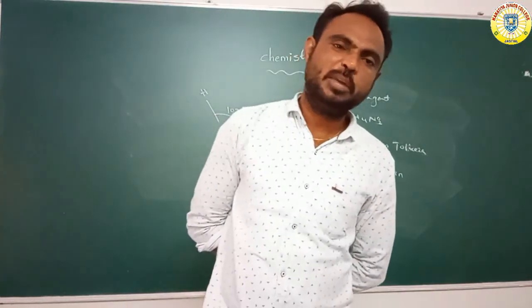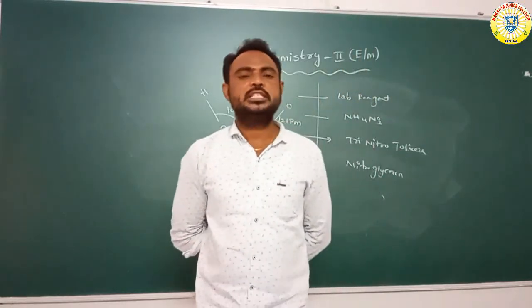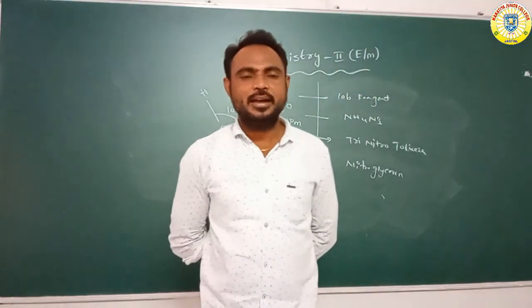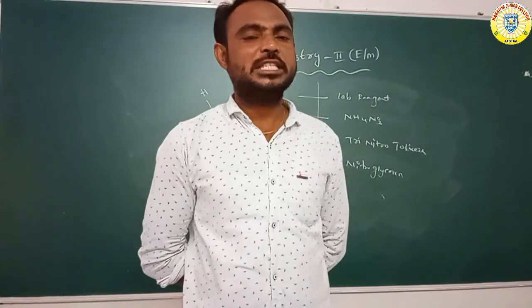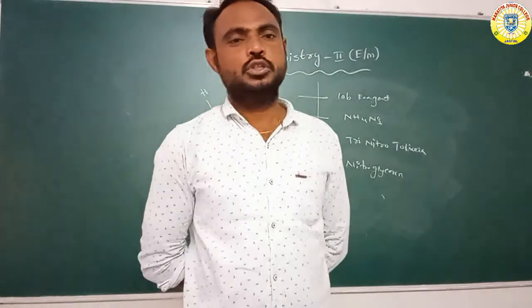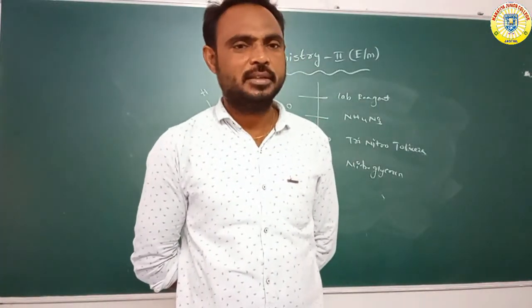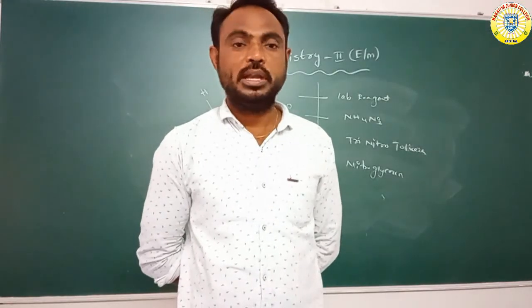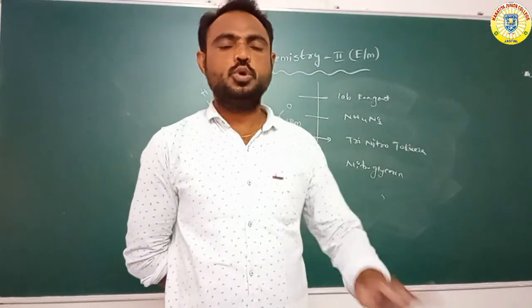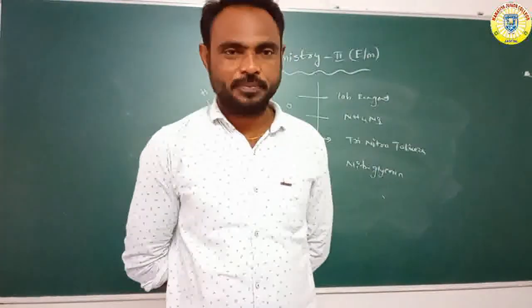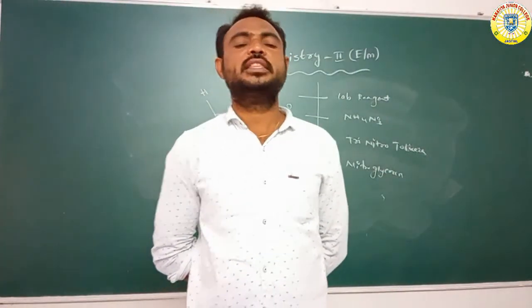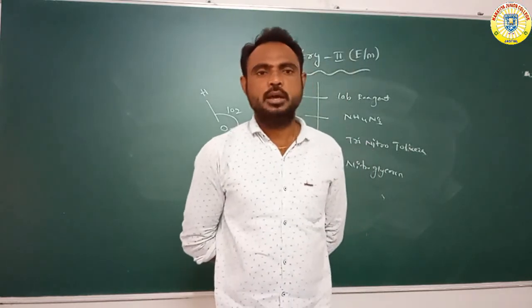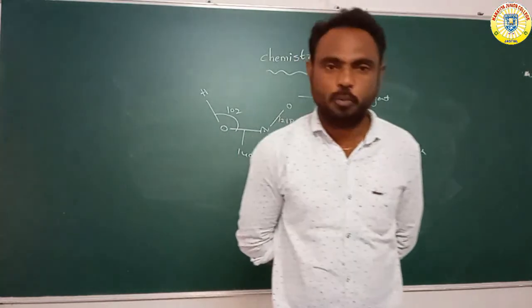It is also very important. Another one: write the neutral oxides of nitrogen. Which oxides are neutral oxides? N2O nitrous oxide and NO nitric oxide. These two oxides are neutral oxides. In the next class we will discuss phosphorus and phosphorus compounds.